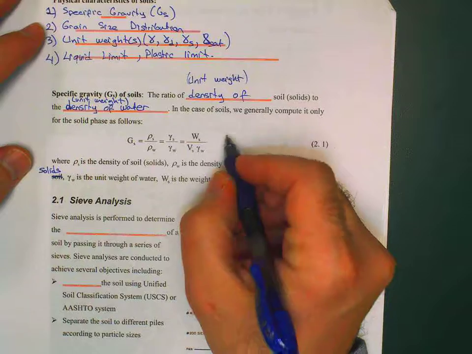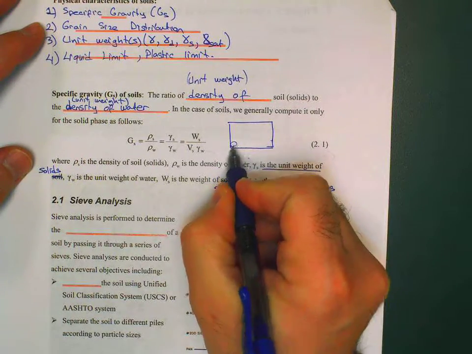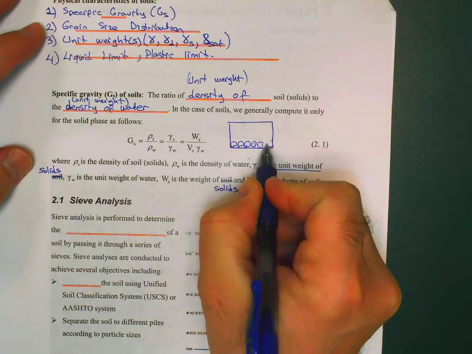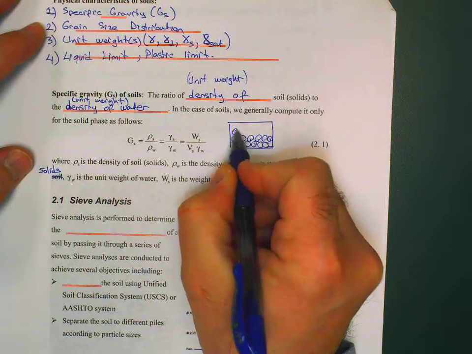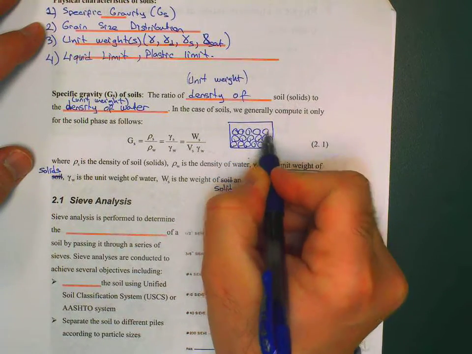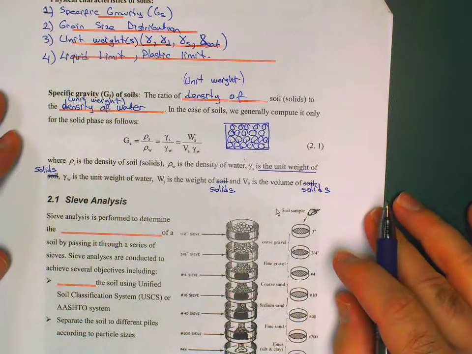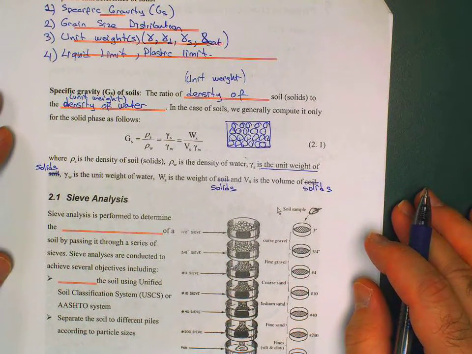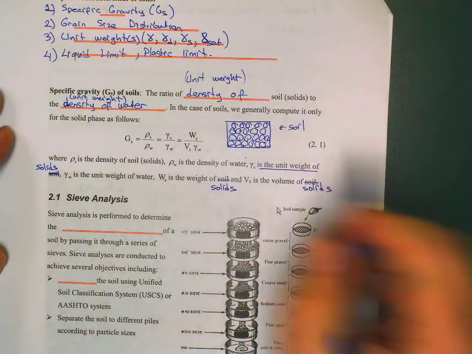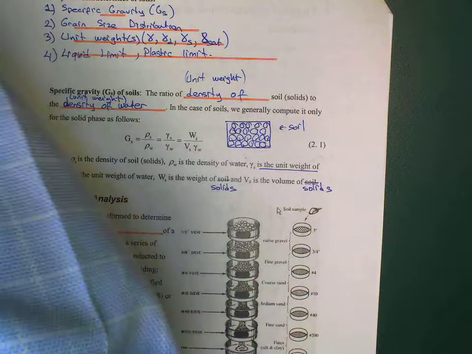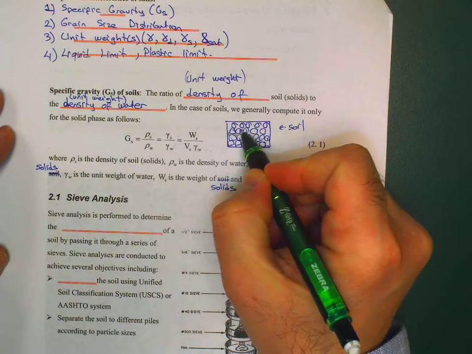You will see in the next chapter, so let's say we have a unit volume of soil. This is called soil. You have a whole bunch of grains, and in between grains there's some water too, because they are moist.